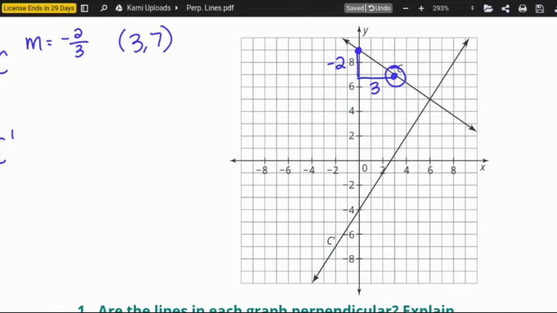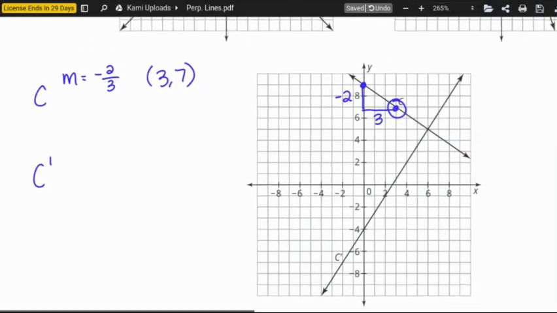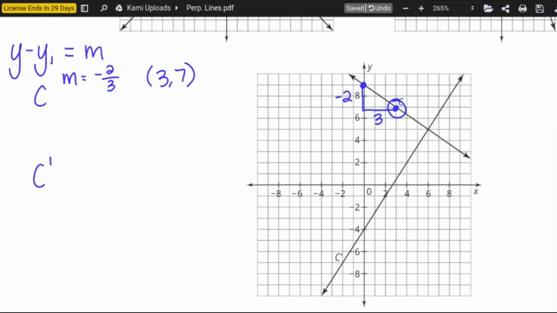So I'm going to write the equation of a line that has a slope of negative 2/3 and goes through the point (3, 7). As a reminder, point-slope form is y minus your y value equals your slope m times x minus the x value of the ordered pair that you were focusing on. So let's go ahead and write our equation for this line.